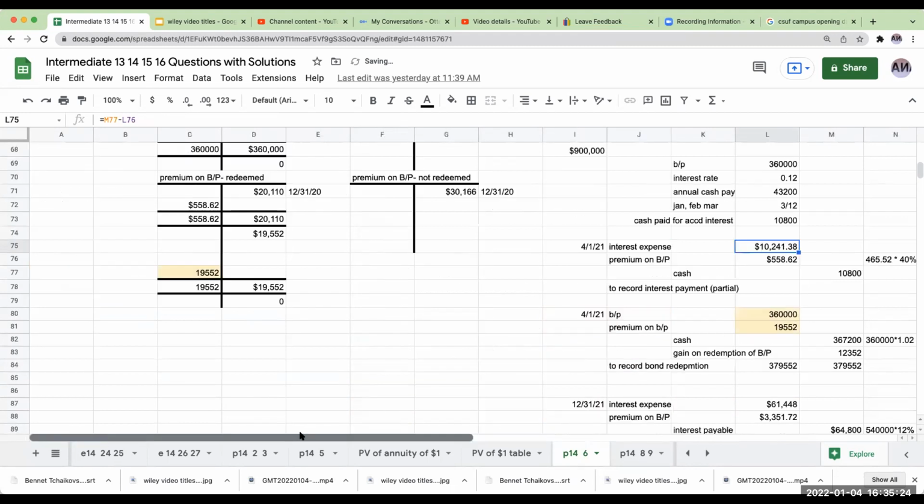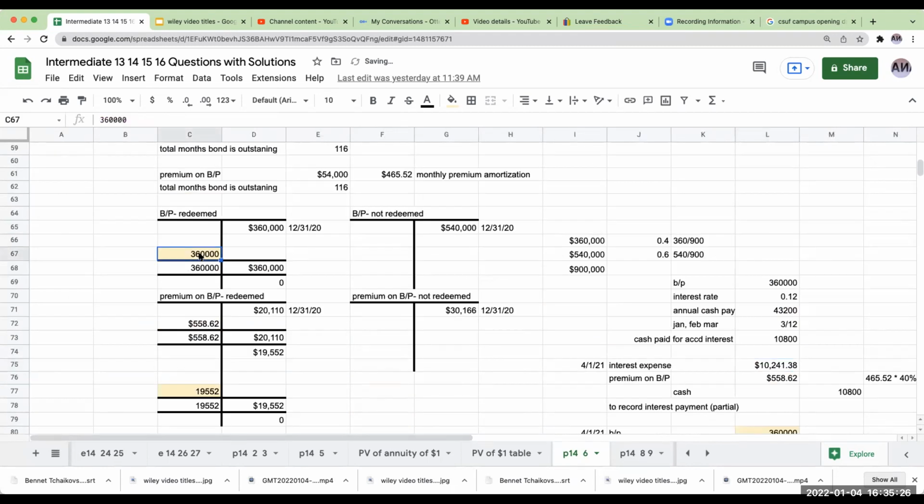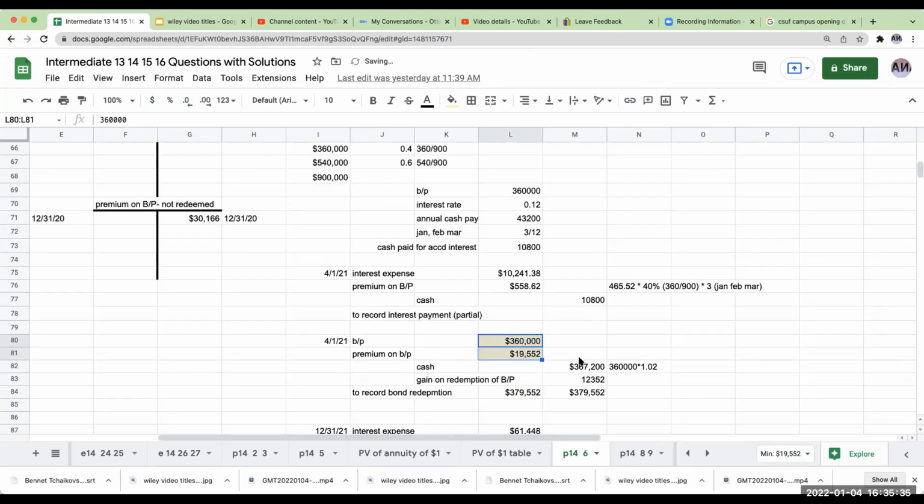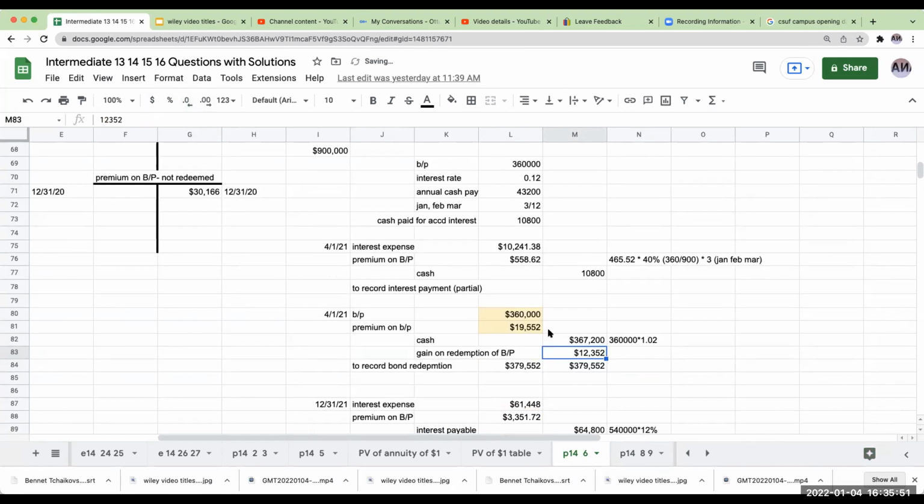For the bond redemption, we want to take this bond payable as well as the premium off of our books. Then we figure out how much cash we're paying: 367,000 in cash, because the bond was bought back at 102. The gain on the redemption of the bond payable is therefore the difference, or 12,352.